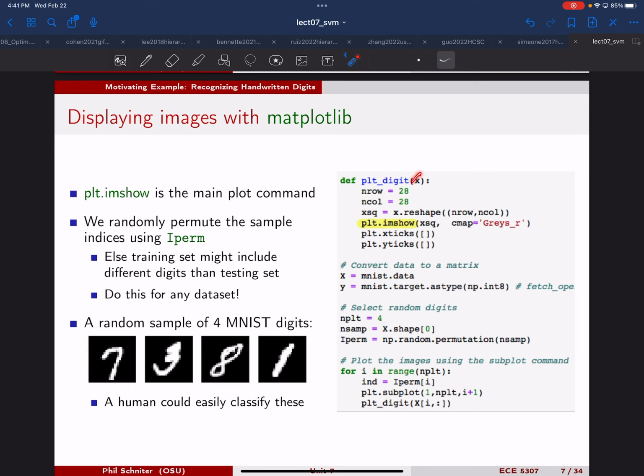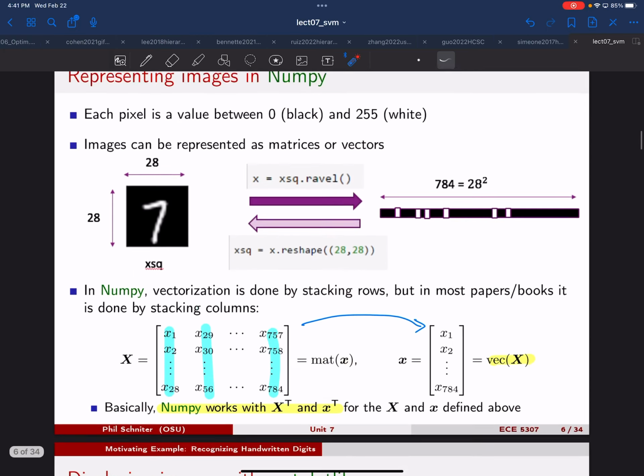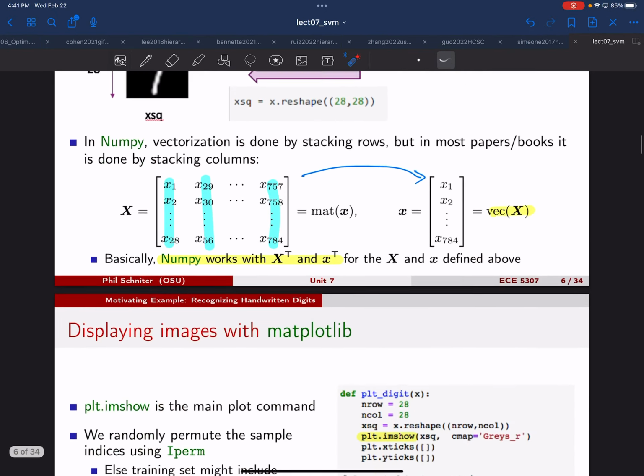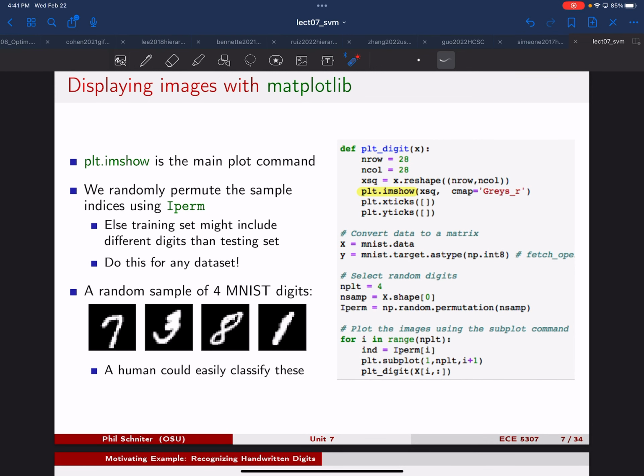And this function starts with a vector and then reshapes it to 28 by 28 in order to plot it. That's just because, as I said before, we tend to work with vectors until we plot things. We're working with 784 dimensional vectors. And this is just a little bit of pre-processing. So when we download that MNIST structure, if you want to get out all the images, you would do mnist.data, and this is going to be a 70,000 by 784 matrix.